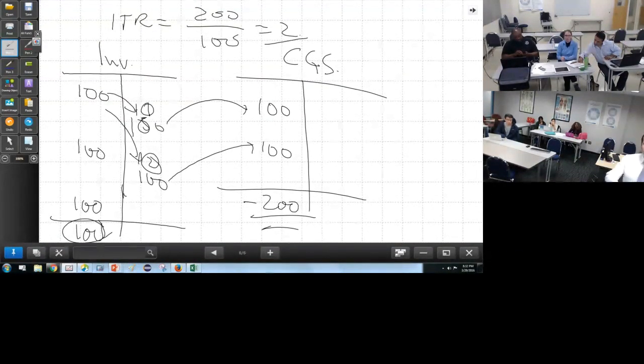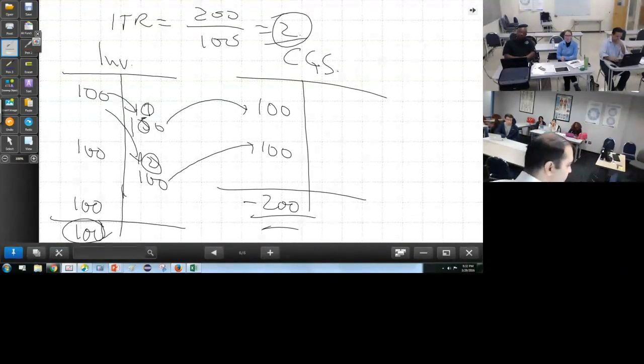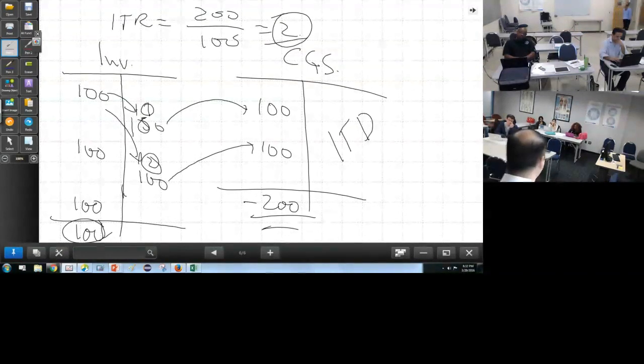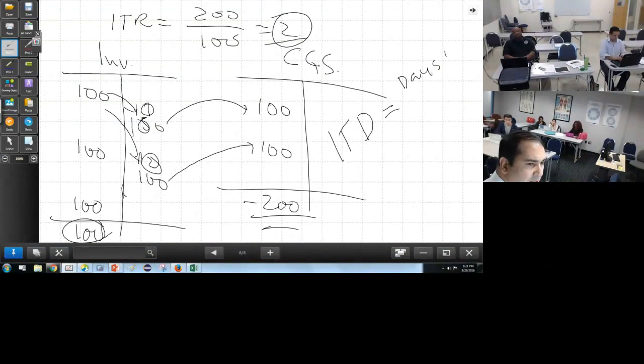Okay, now what we can do is convert this inventory turnover ratio into days. So what we call this inventory turnover in days, I will call it IT. Simply what you need to do is take the number of days in the year divided by the inventory turnover ratio.